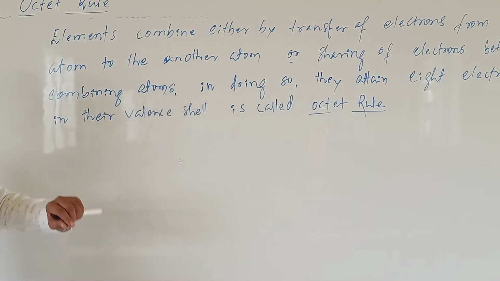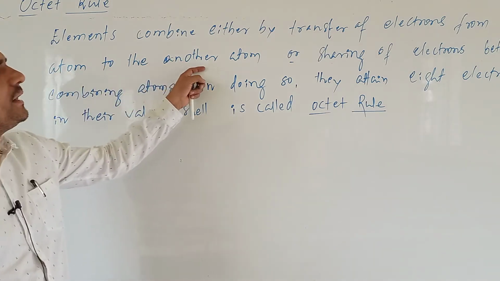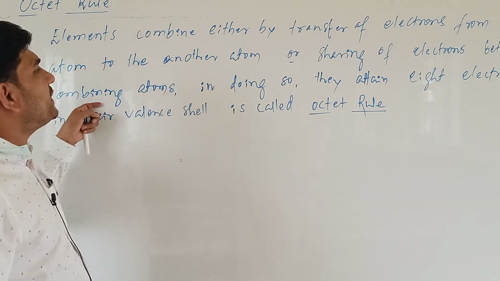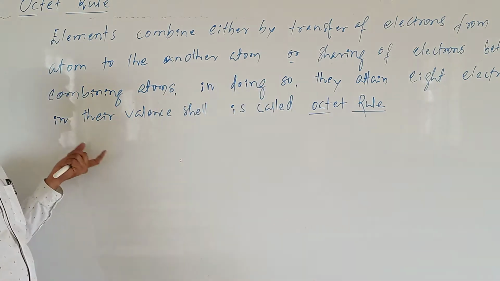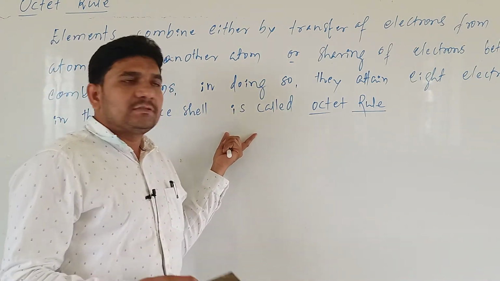See, what is the octet rule? Elements combine either by transfer of electrons from one atom to the other atom, or sharing of electrons between combining atoms. In doing so, they attain what? 8 electrons in their valence shell. That's what I told you.